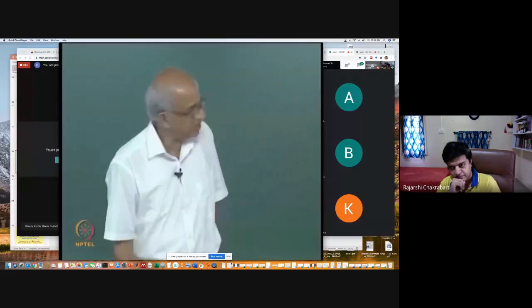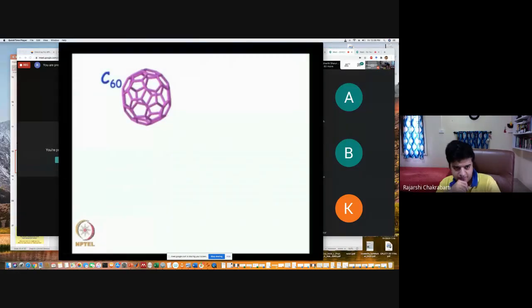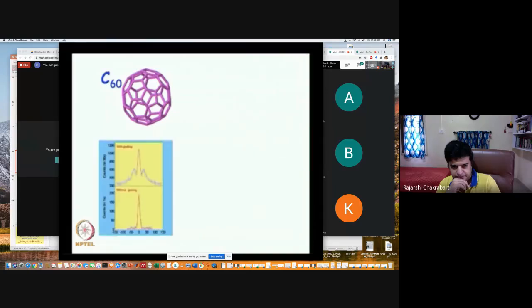So this is a C60 molecule, a nice football-shaped object, and I want to show you experimental data taken from the group of Anton Zeilinger. His name you will see in a second. So you can see the interference pattern that he found.